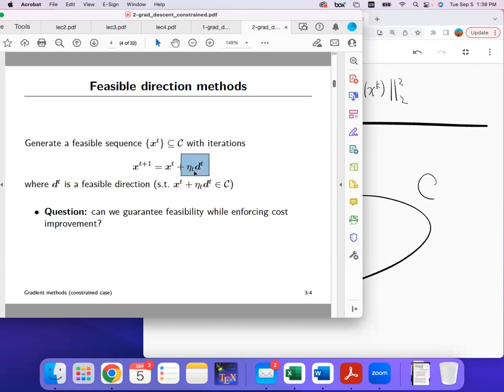In gradient descent, d_t is the negative gradient. But here, we will restrict d_t to be a feasible direction so that after we apply this update, x_{t+1} will still be contained in the feasibility set. So we put a restriction on d_t.